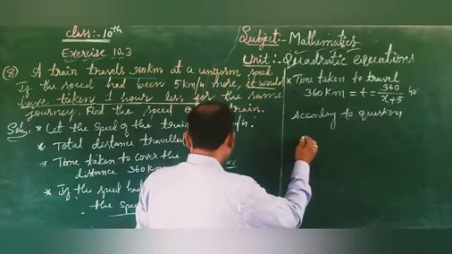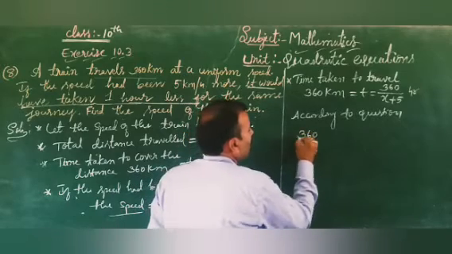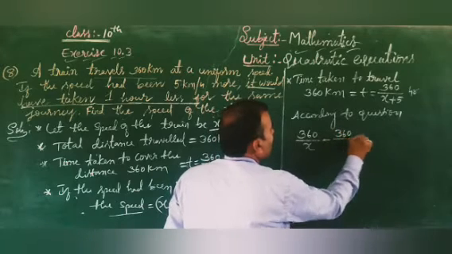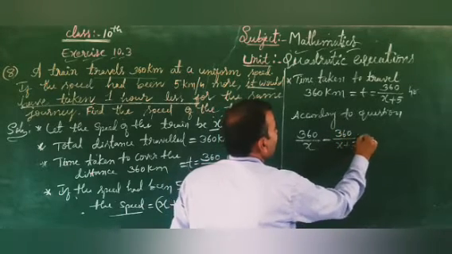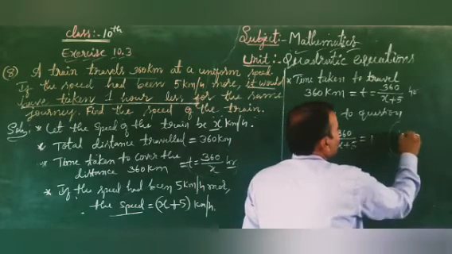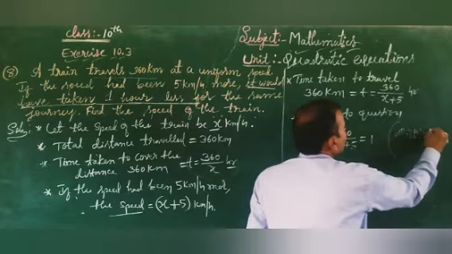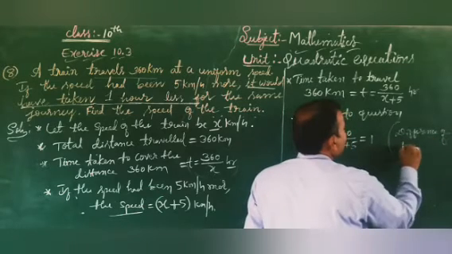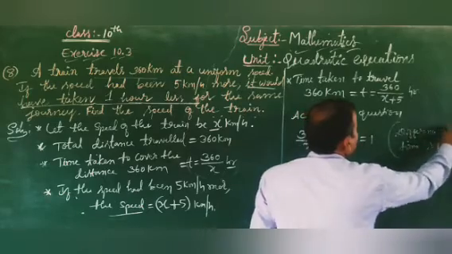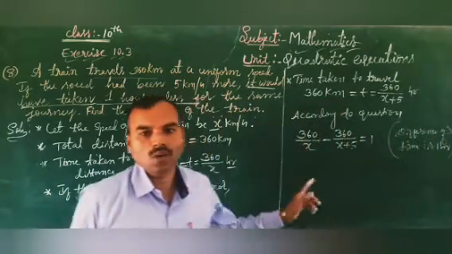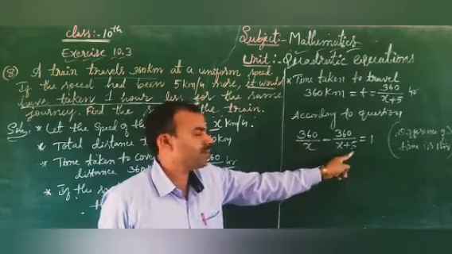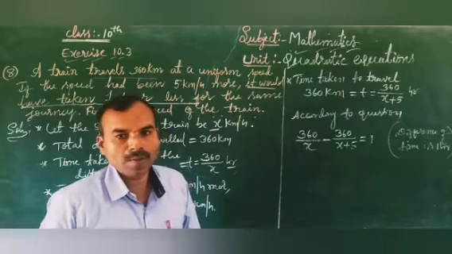So I take the difference: 360 by x minus 360 by x plus 5 is equal to 1. 1 is the difference of time. The difference of time is 1 hour. It is given according to the question. We write 360 by x minus 360 by x plus 5 equals 1.